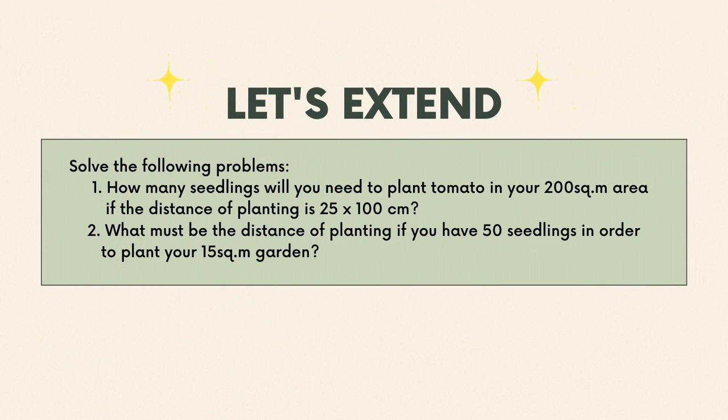Activity again. Solve the following problems. Number 1, how many seedlings will you need to plant tomato in your 200 square meter area if the distance of planting is 25 times 100 centimeters?